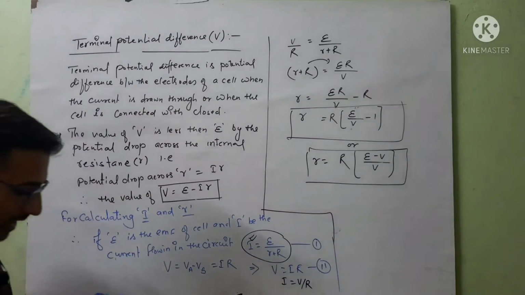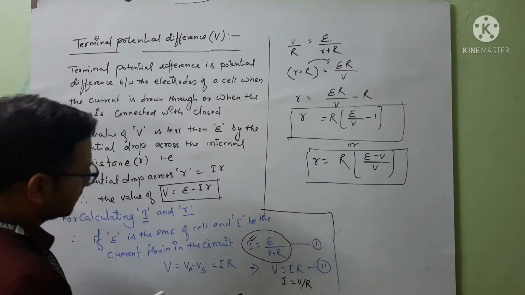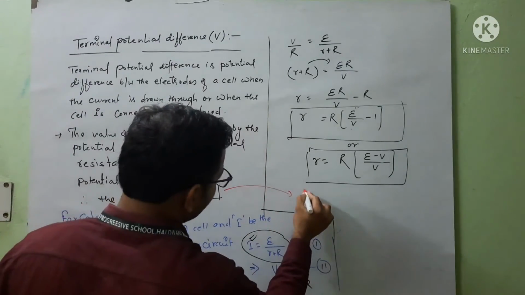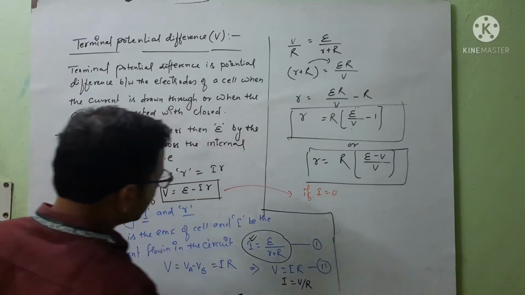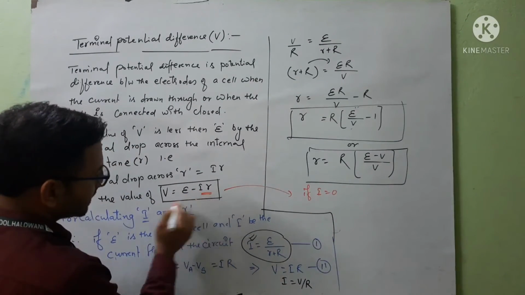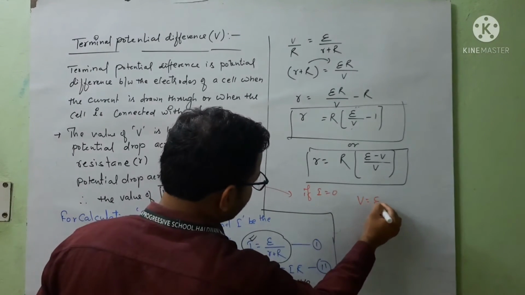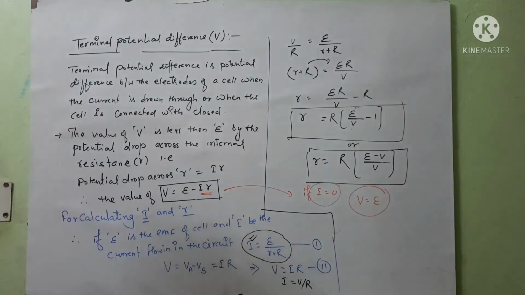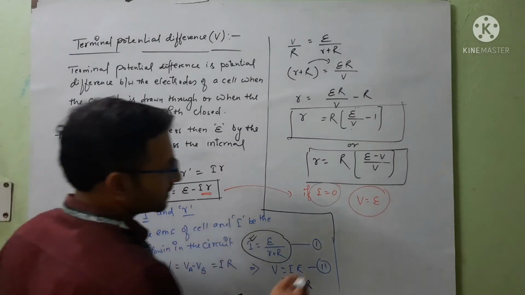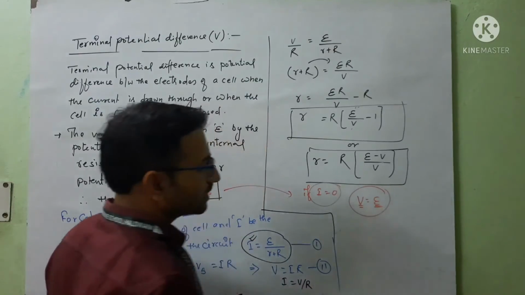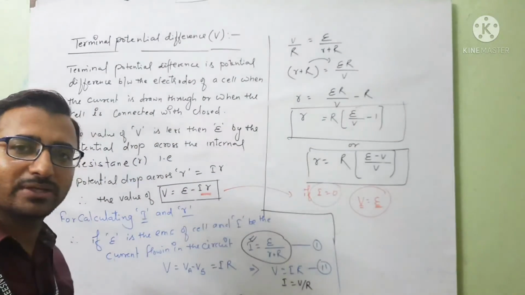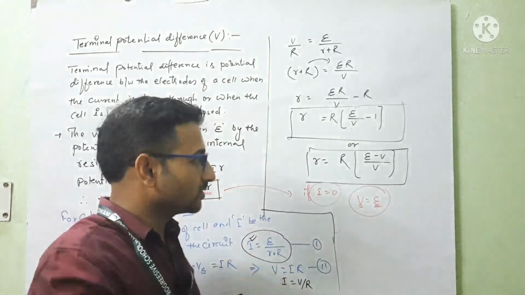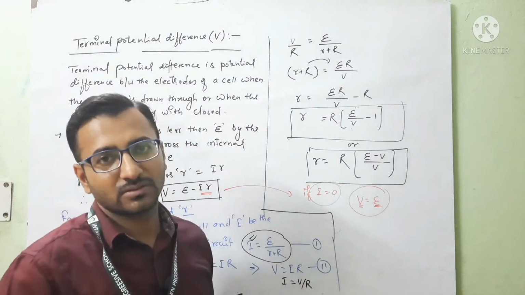If I explain the relation V is equal to E minus Ir further, suppose I is equal to 0, then we will get V is equal to epsilon. It means that if no current is drawn by the cell in the circuit, the terminal potential difference gives its maximum value, which is equal to the EMF of the cell, and we measure it with a voltmeter by connecting the patch cords of the voltmeter to the terminals of the cell.